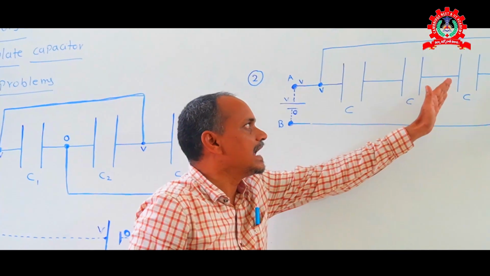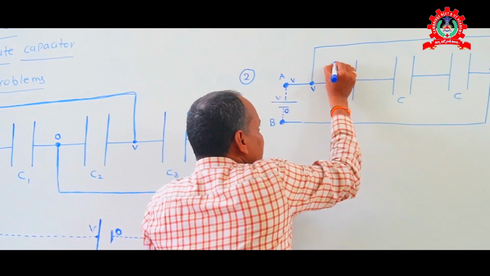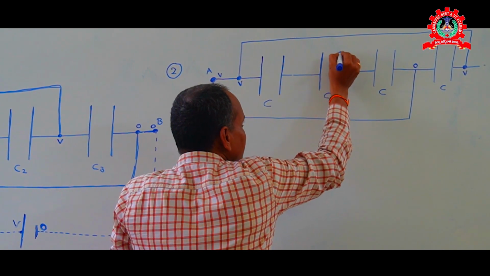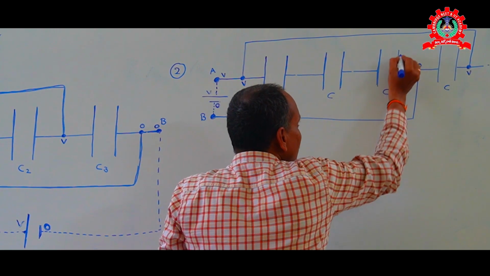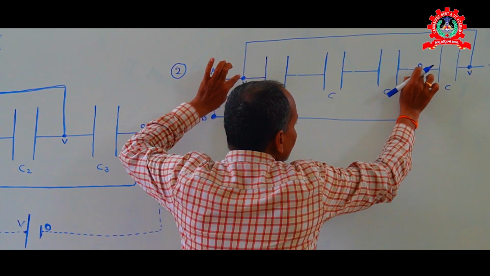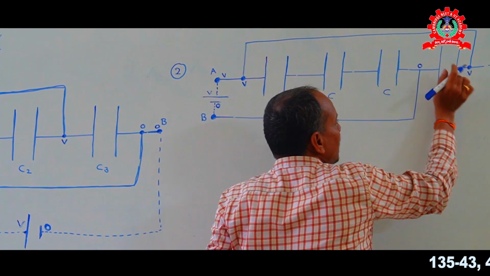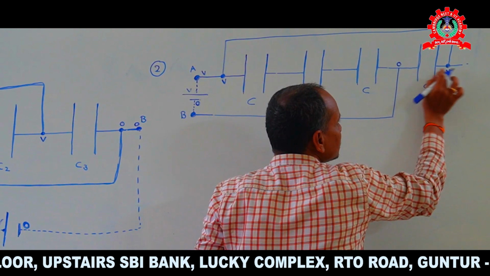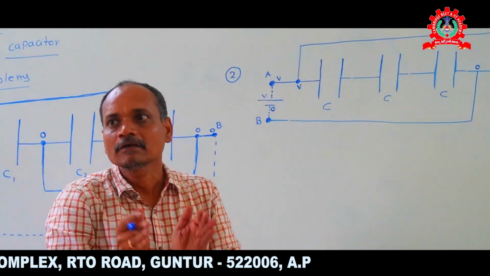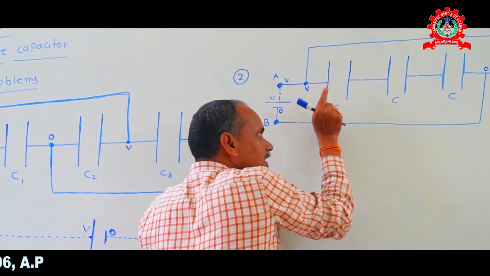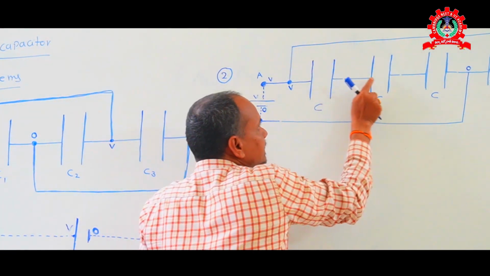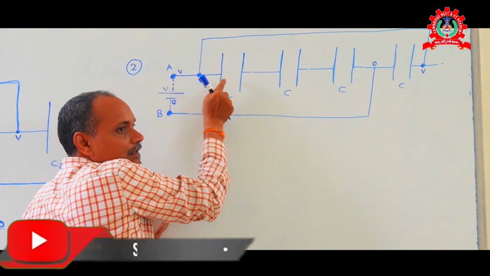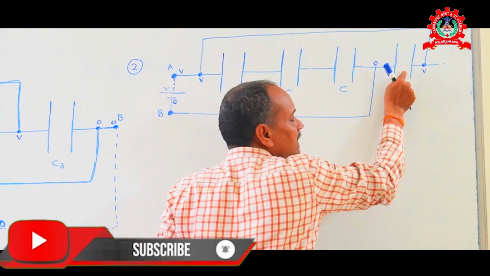Now if you see this diagram carefully, for the first three capacitors the potential difference is V, and for the fourth capacitor also, across the plates of this one, the potential difference becomes V. So we can confidently propose that these three capacitors look like they are connected in series, and the effective of this one is connected in parallel.